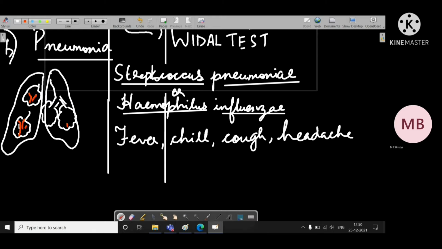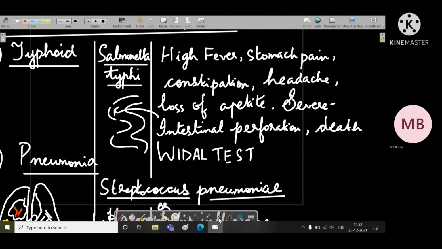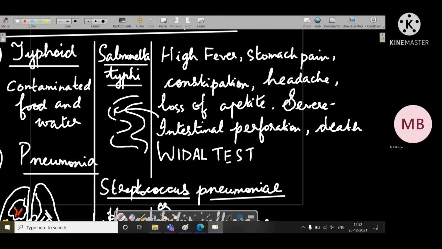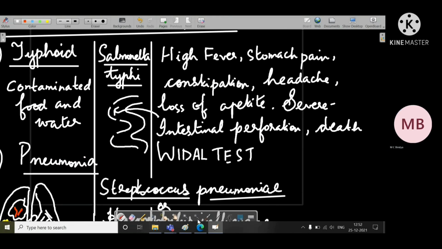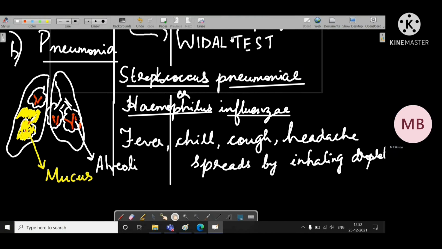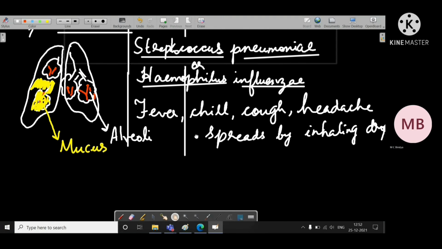After infecting the lung alveoli, it gets filled with mucus, and that results in all these symptoms. Typhoid spreads through contaminated food and water, whereas pneumonia spreads through air by inhaling the infected droplets.